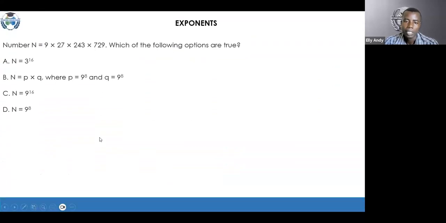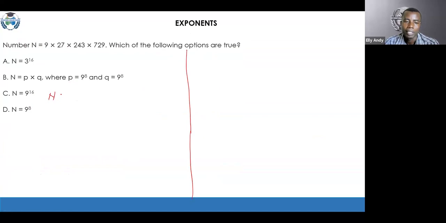Now, let's look at some of the ways in which the GRE tests this question. So we have here a number n is equal to 9 times 27 times 243 times 729. Which of the following options are true? This is a relatively simple question if you understand the concept of exponent or powers.